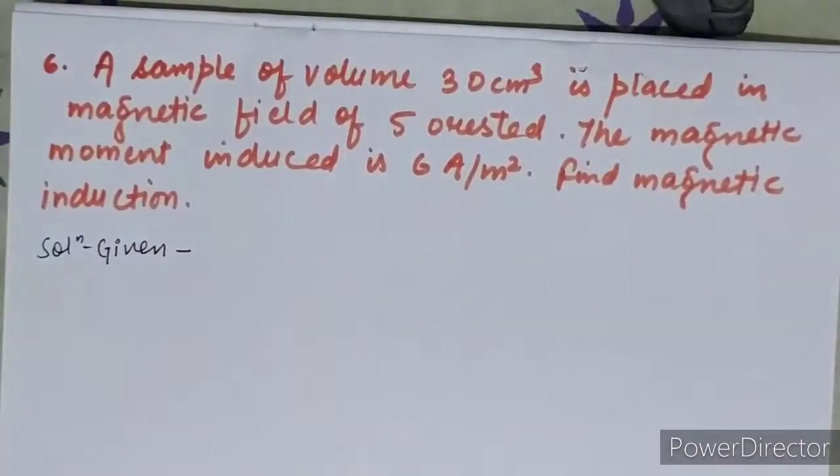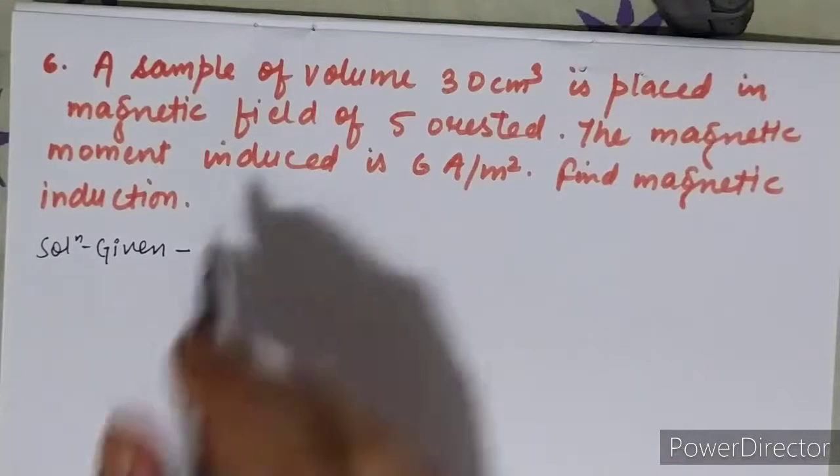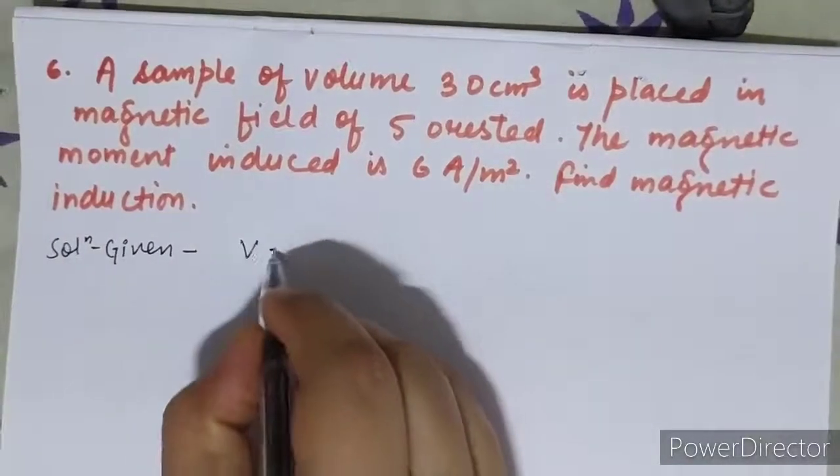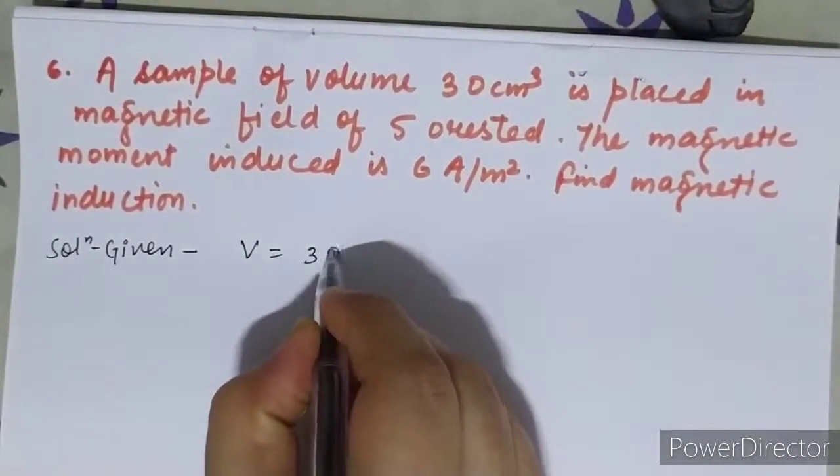So first, what are the given values in the question? The volume has been given. The magnetizing field is 5 Oersted. The magnetic moment is also given, 6 ampere per meter square. And you have to calculate the magnetic induction, meaning the induced magnetic field, B. The volume is given as 30 centimeter cube.